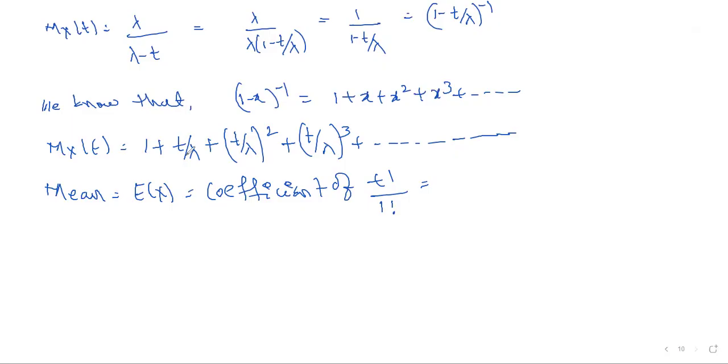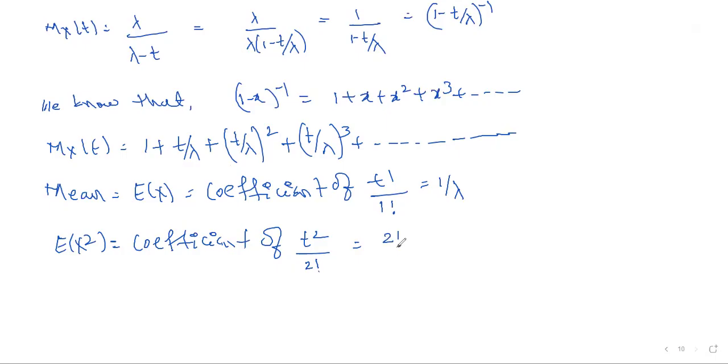So here 1 by lambda is the coefficient of t. This is nothing but 1 by lambda. Then expected value of x square is the coefficient of t square by 2 factorial, right? But here we have only t square, not divided by 2 factorial, right? So its coefficient is 2 factorial divided by lambda squared, right?